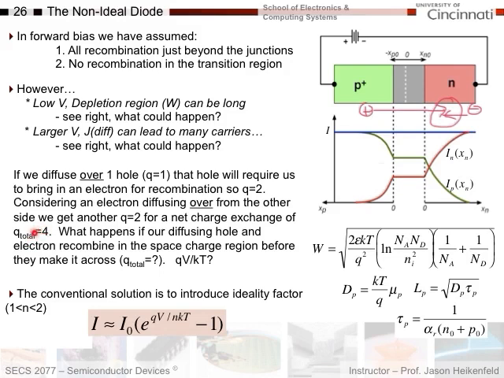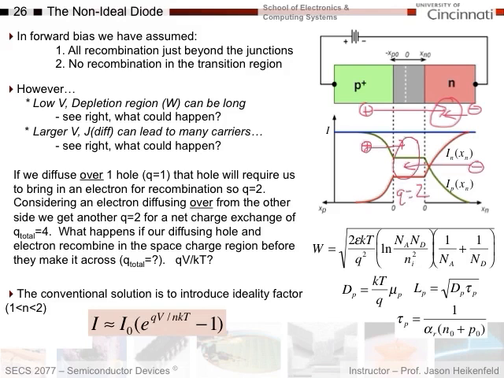Now, what happens if they recombine here? Well, if they recombine here in the center, then instead of basically causing recombination, the hole can make it here, the electron would make it here, and they would recombine here, and my total Q in that case is equal to 2, where before my Q was equal to 4.